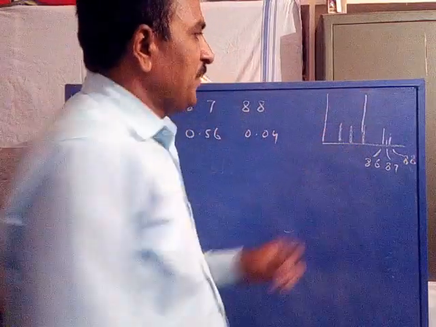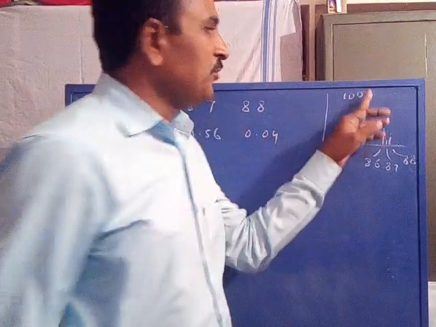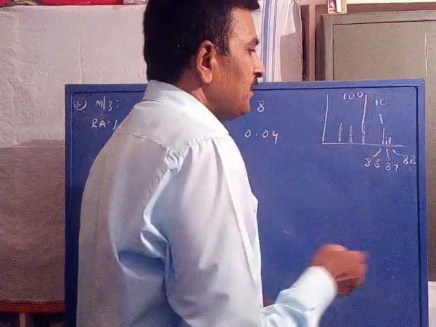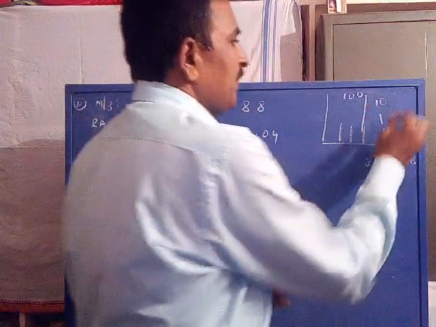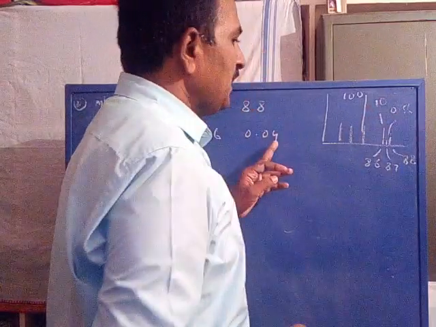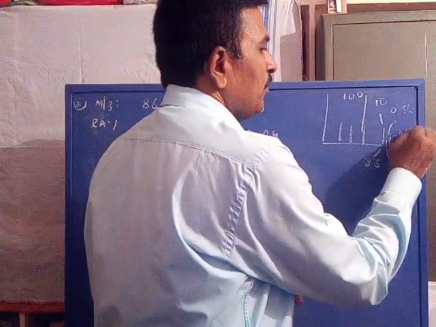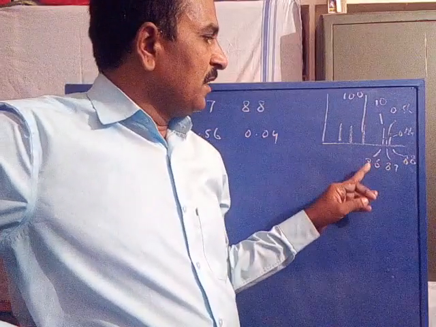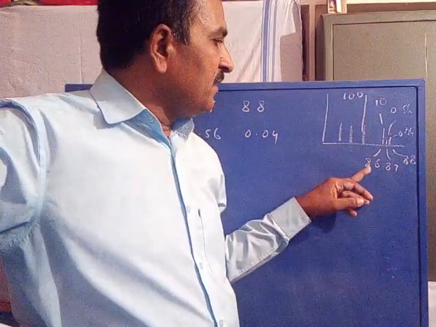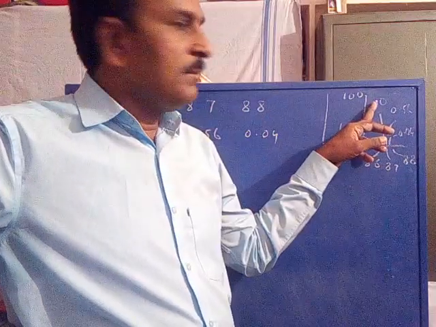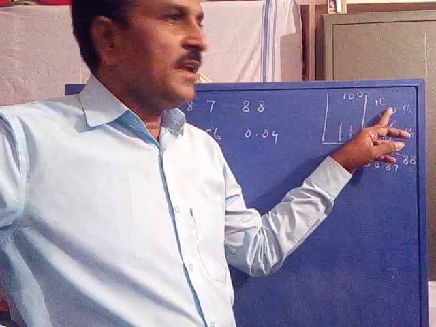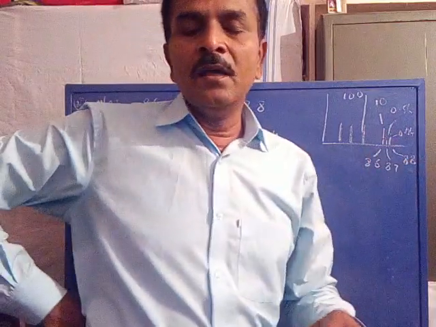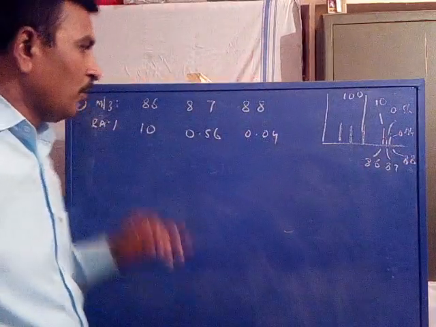With respect to the base peak, which is 100%, suppose the 86 signal appears with 10%, the 87 signal appears with 0.56%, and the 88 signal appears with 0.04%, approximately. So the 86 signal intensity is considered as 10%, 87 as 0.56%, and 88 as 0.04%.